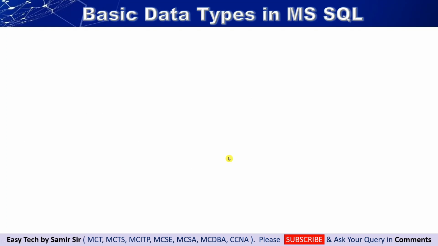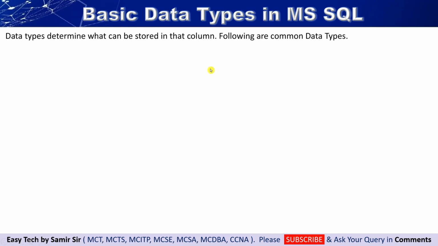So let's understand the basic data types in MS SQL. In MS SQL, there are various types of data, but these are some of the most common data types which we are going to use. The very first one is the numeric data type. Numeric data type is further subdivided. Number one, tinyint.